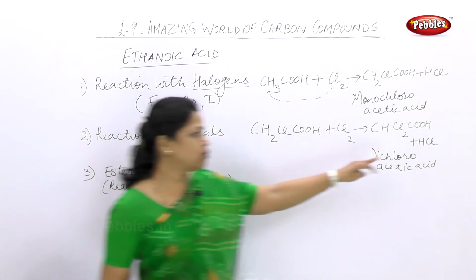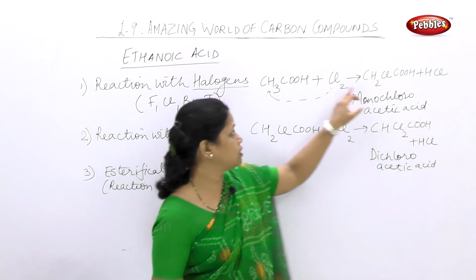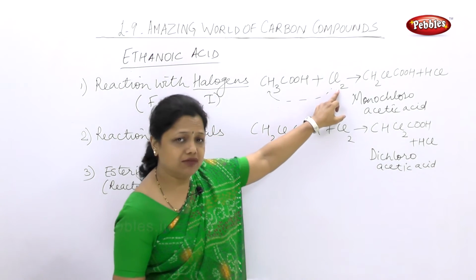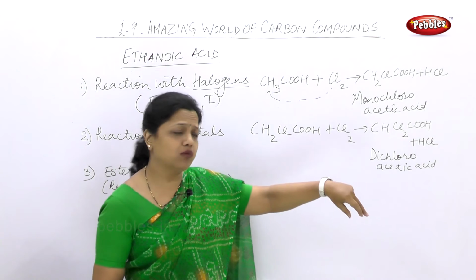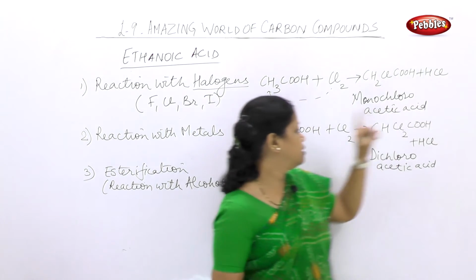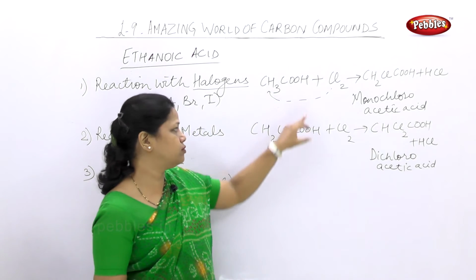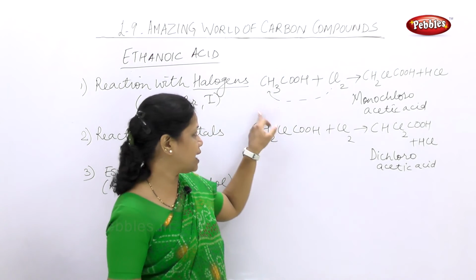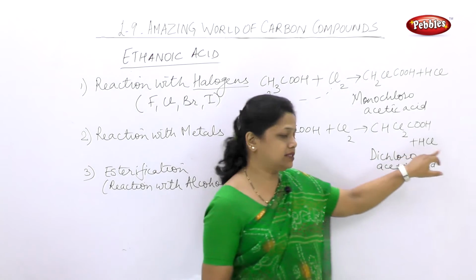Along with it, hydrochloric acid is formed, because that is what is left. Here one Cl will be left, here one H is removed. So that H and Cl reacts to form HCl. Here also one H will be removed, one Cl will be left. So that H and one Cl will form HCl.